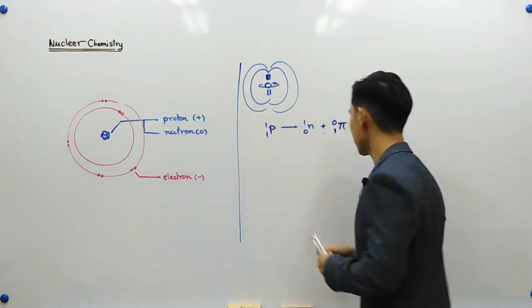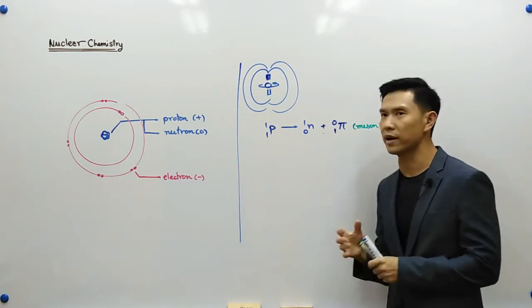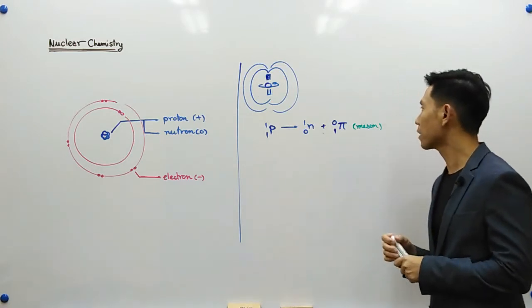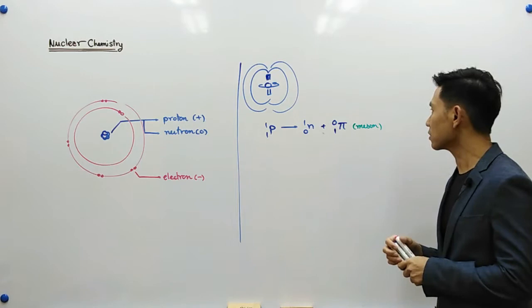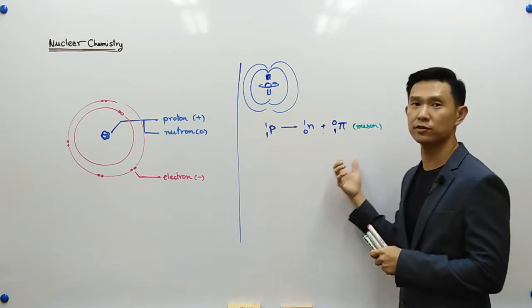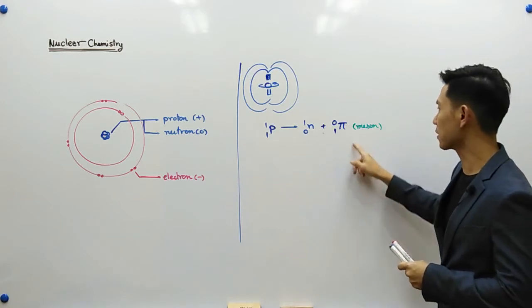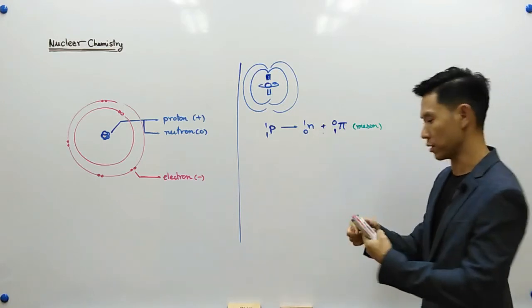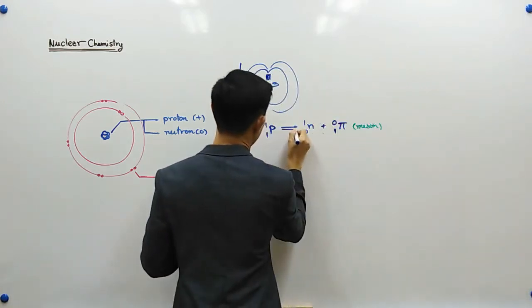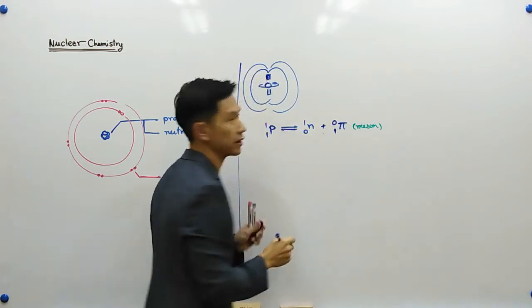The meson here is not only produced from this transformation. The meson produced in this transformation can recombine with the neutron and turn the equilibrium back to proton like this.